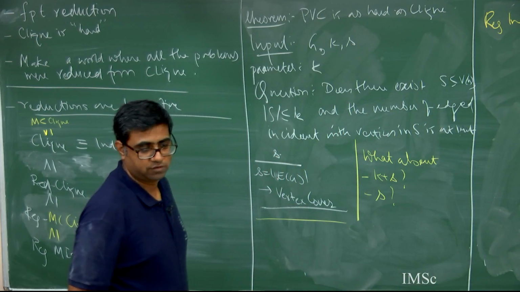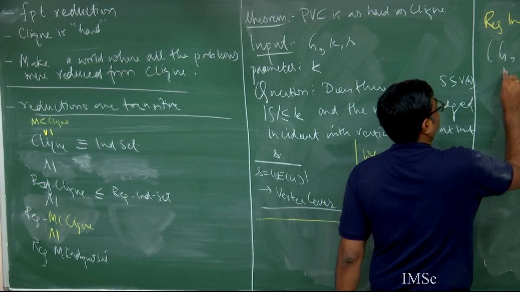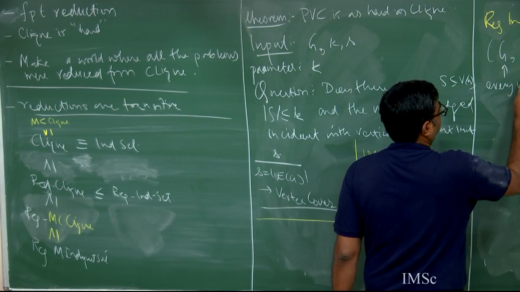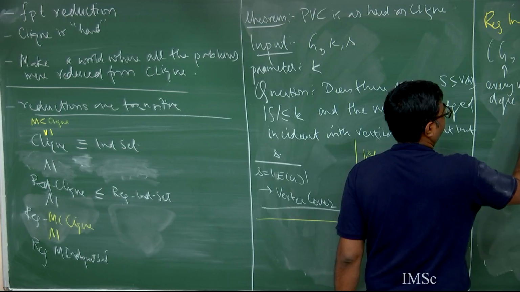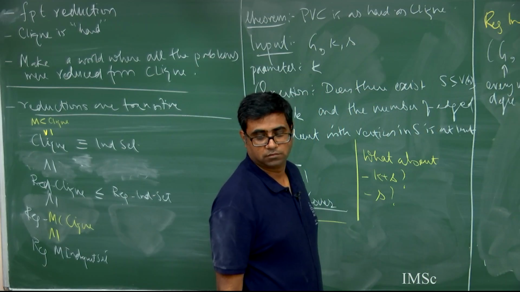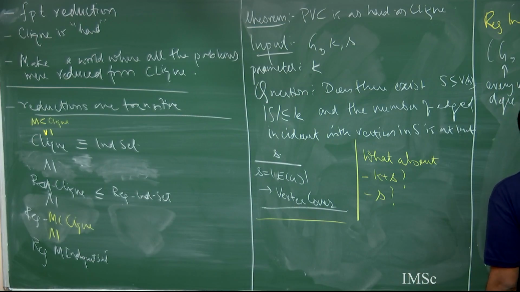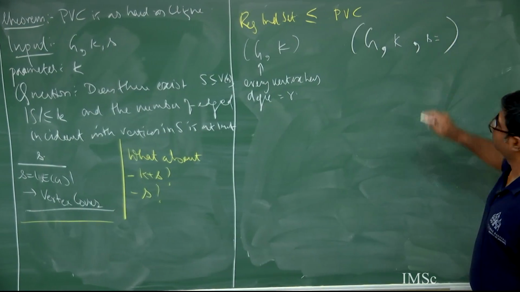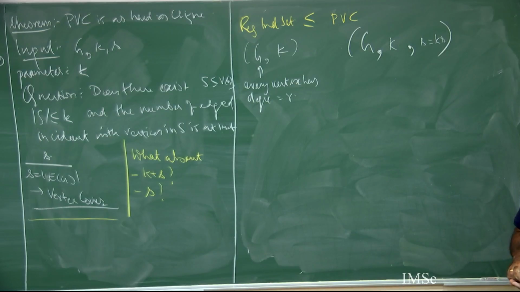So what is given? Regular independent set has G, k, and every vertex has degree equal to r. What is my instance for partial vertex cover? G, I need to know the budget, and I need to know s equal to k.